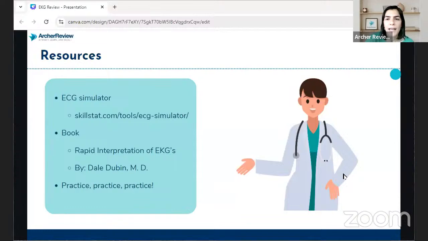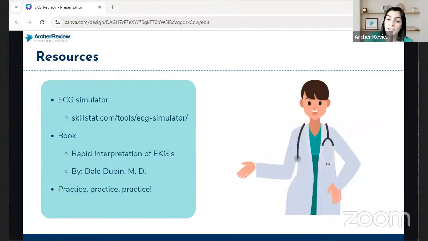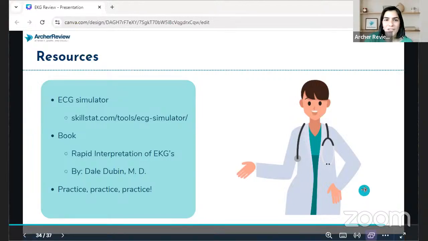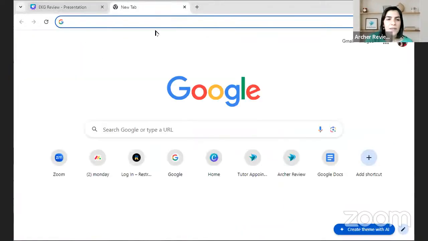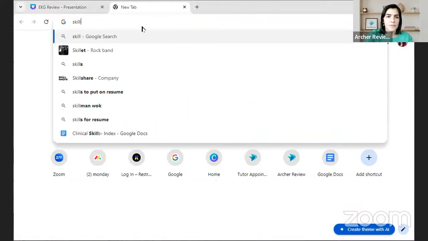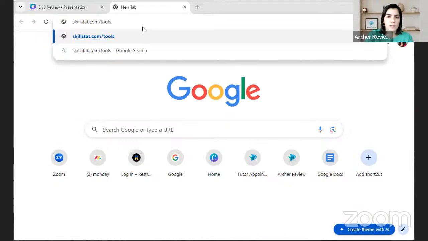It's a really fun way to practice learning your EKGs, and it's not letting me copy it, but let me see if I can show you what I'm talking about. I like it because there's a learn version and also a game version where you can test yourself. So let's see if it'll let me do it this way. skillstat.com/tools/ECG.